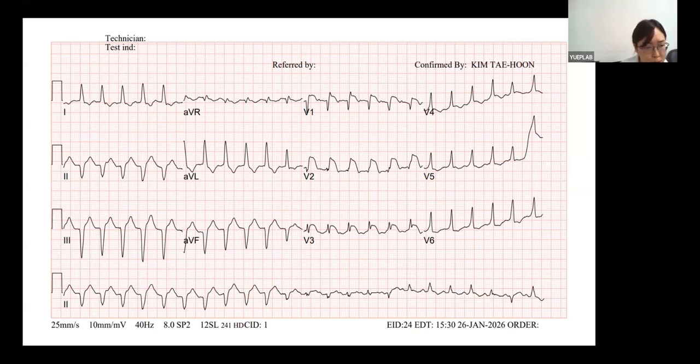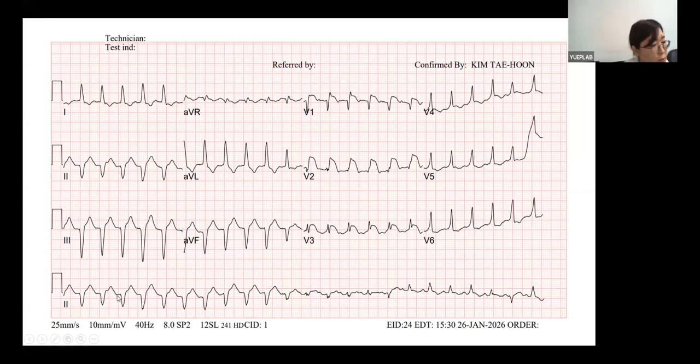I think the first part is a VT because we see the same morphology in 2, 3, and aVF, and they're all negative, suggesting that the vector is moving from down upward. Then in the rhythm strip, we see these bumps here.